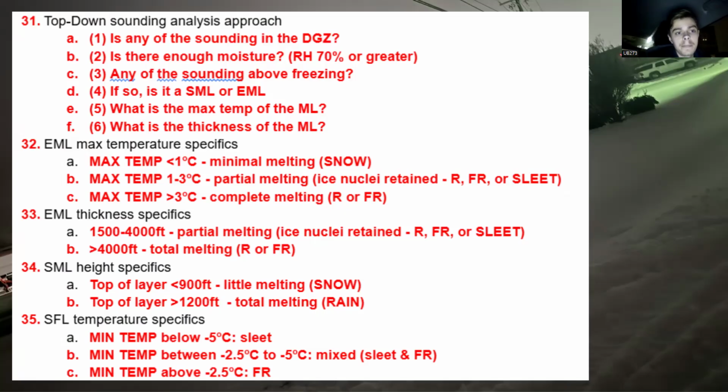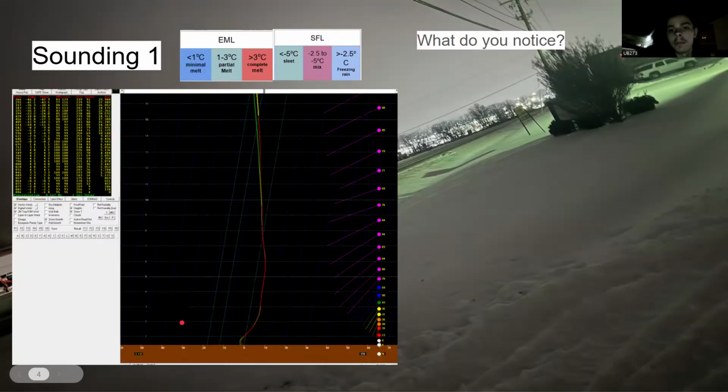And then, is any of the sounding above freezing? If it's all below freezing, then we can expect snow to be likely. But if we have above freezing, is it a surface melting layer or elevated? Depending on what that is, you can see all this right here, but we're going to talk about this, so I don't even need to say it right now.